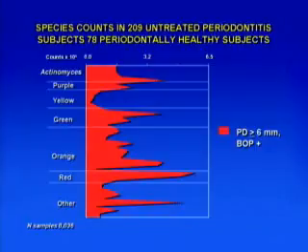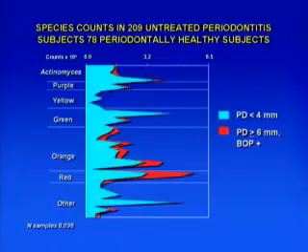And if we look at the microbial profile at sites that have pockets greater than or equal to 6 millimeters and that bled on probing, i.e. diseased sites, this is the microbial profile that one sees. One can see high levels of orange and red complex species.